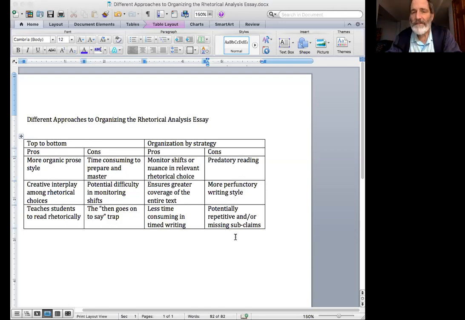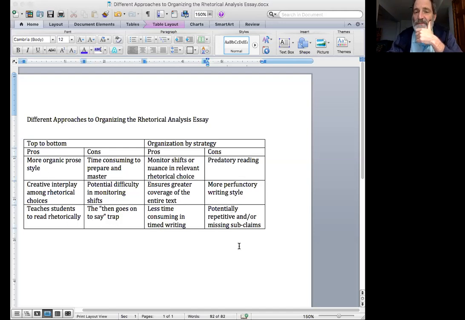And last but not least, such an approach is potentially repetitive. So if I'm making some observations about, let's say, the writer's tone in the first paragraph, and then later in my own essay, I'm writing about, let's say, the writer's diction in that first paragraph, how am I going to avoid repeating in almost a refrain-like manner whatever that subclaim is?